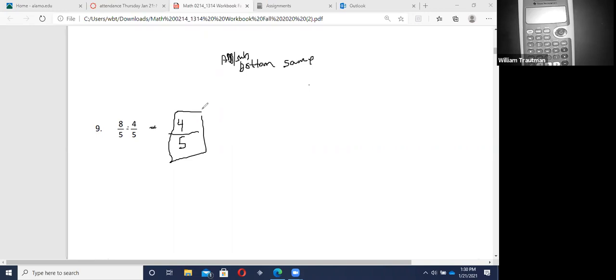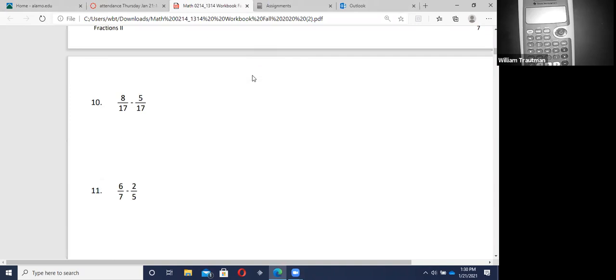So, you need to spot those things. Are the bottoms the same or are the bottoms different? Here, the bottoms are the same. Add or subtract the tops. 8 minus 5 is 3.